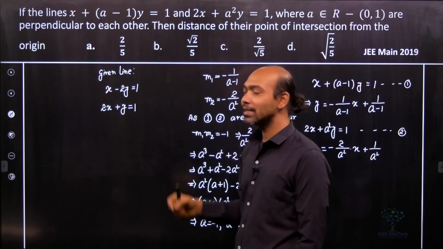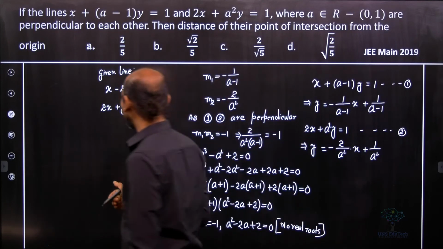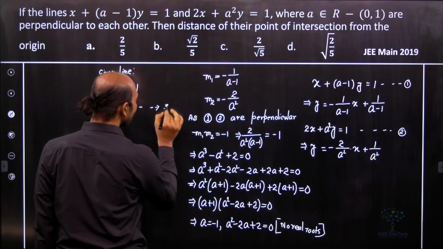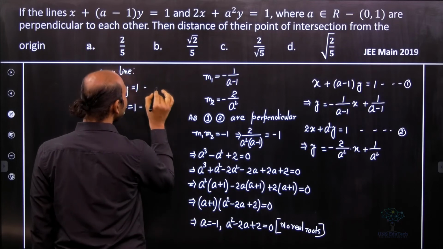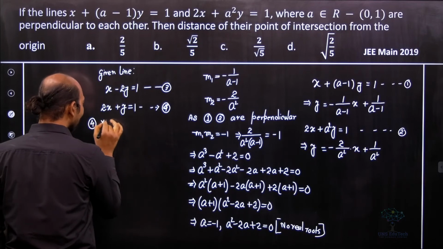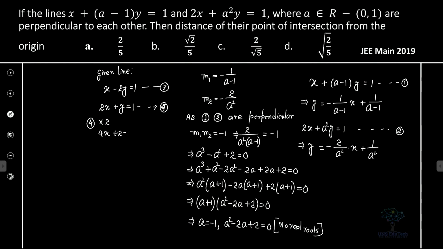To find the intersection, obviously we need to solve these equations, which we write as equation 3 and 4. Now if I multiply equation 4 by 2, we have 4x plus 2y equal to 2. Adding, that implies 5x is equal to 3.